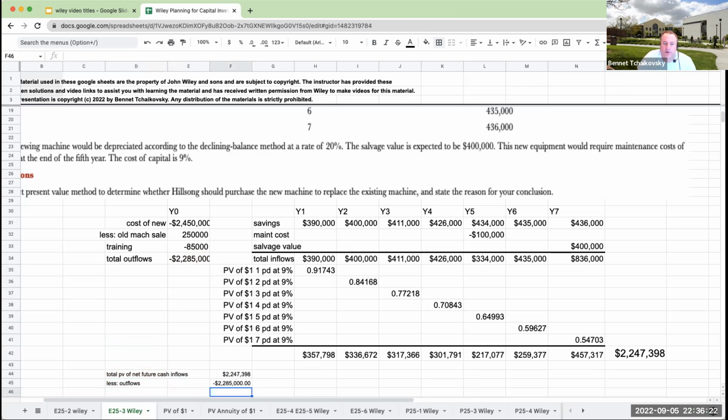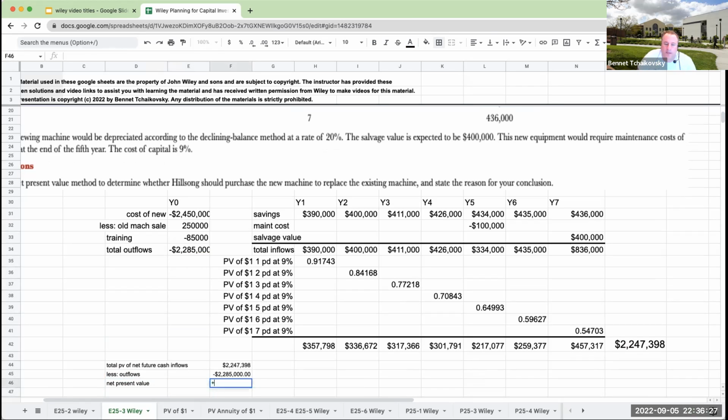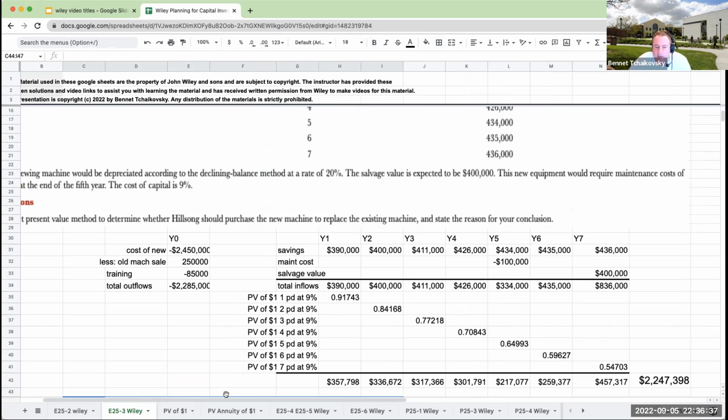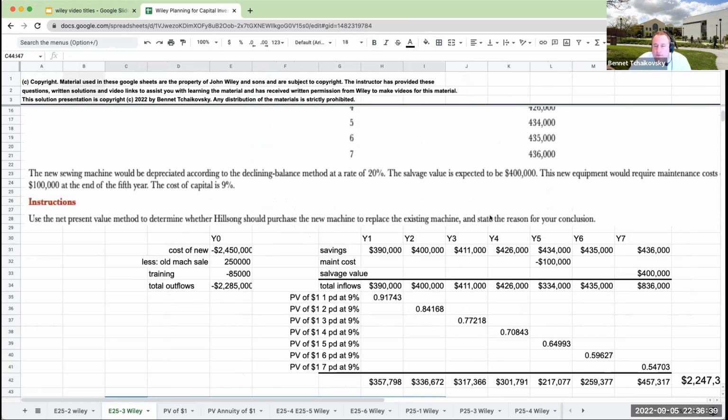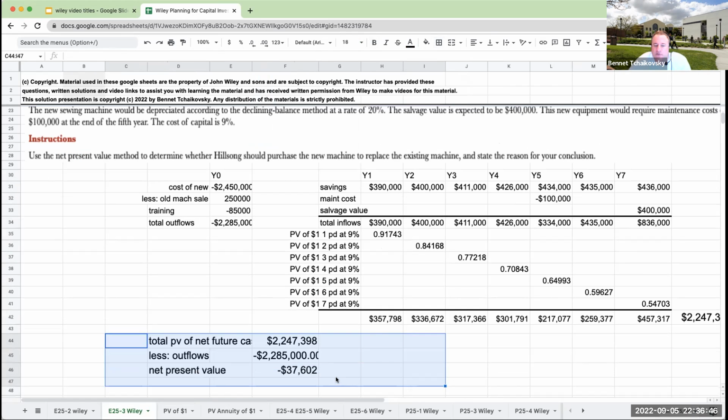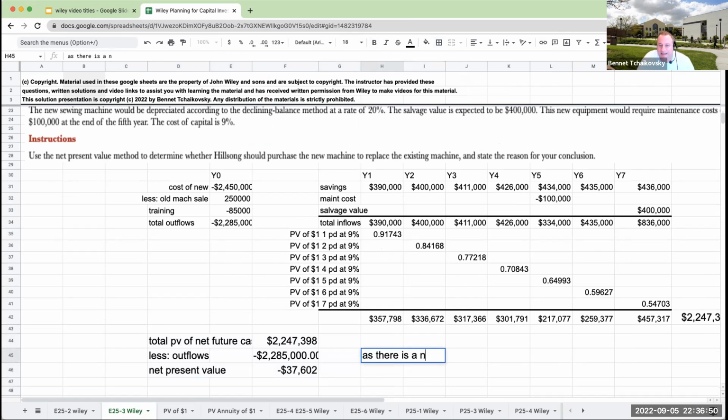And so over here, my net present value is going to be negative 37,702. So after going through and doing all of this, it does not meet the requirement. So at the cost of capital at 9%, it does not meet the investment criteria, as there is a negative net present value.